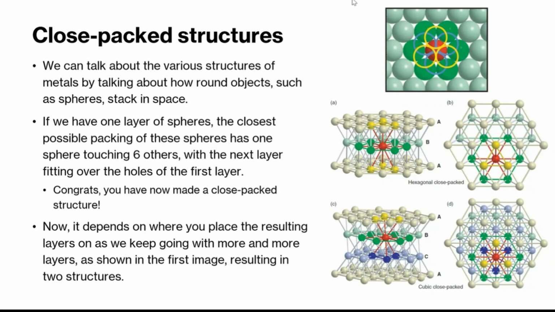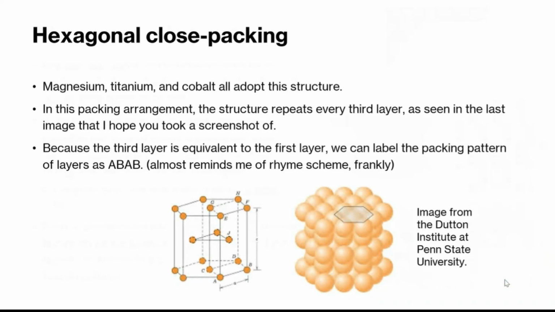Now it depends on where you place the resulting layers as we keep going on with more and more layers, as shown in the first image. Because if we consider our layers and their arrangements, there's going to be somewhat of a difference when looking at hexagonal close packed and cubic close packed. Hexagonal close packing is adopted by magnesium, titanium, and cobalt.